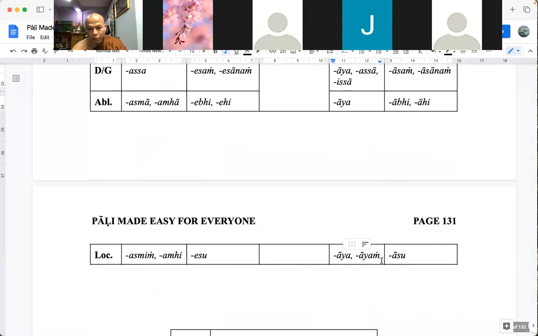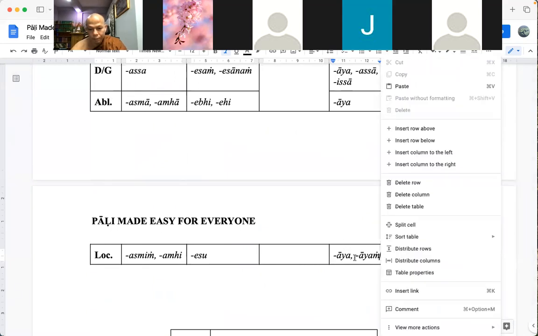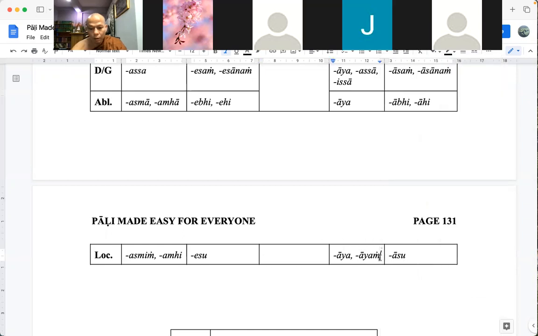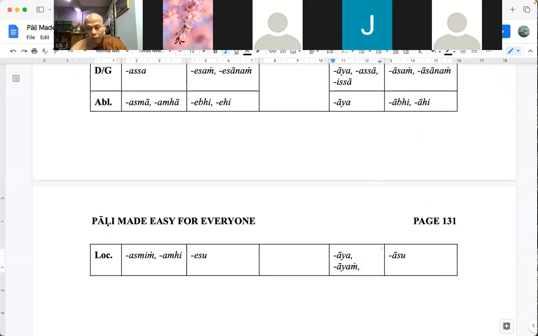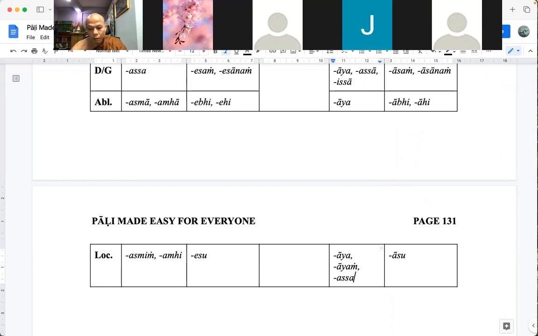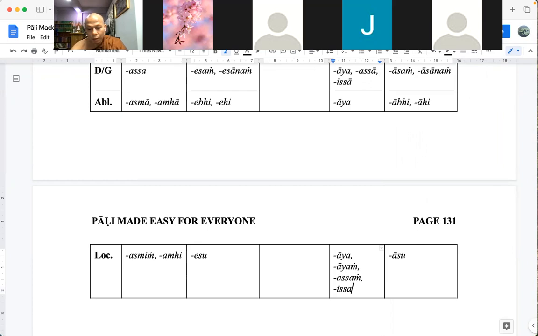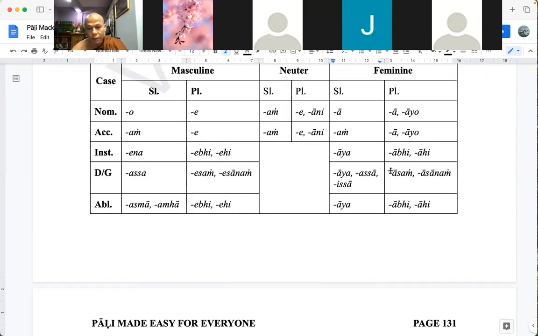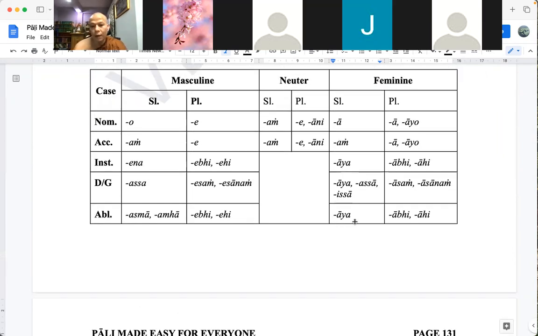And then for the locative also. These are maybe for ta, but for ya and saba, only da and ka.